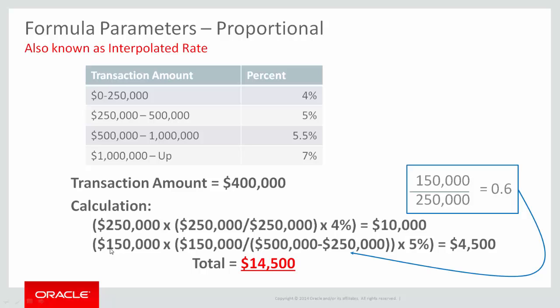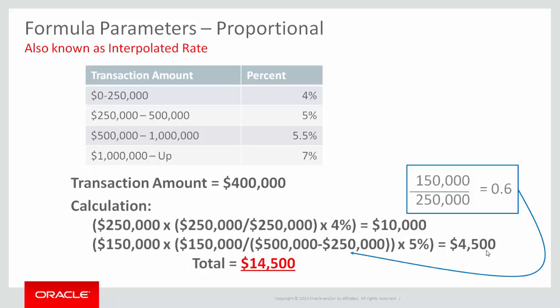So I take the remaining transaction amount of 150,000, multiply that by 0.6, and then multiply that by 5%, and that yields me $4,500. Again, part of your toolkit. This is very infrequent, but when these do happen, you absolutely are going to be super happy that this is a tool in your toolkit.